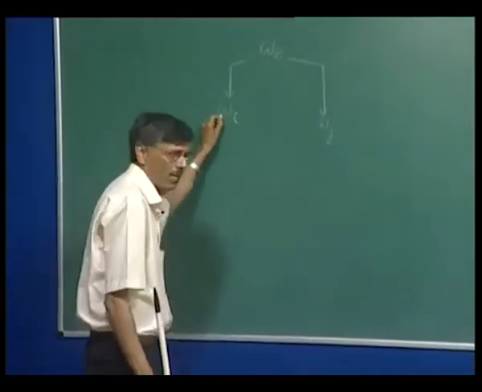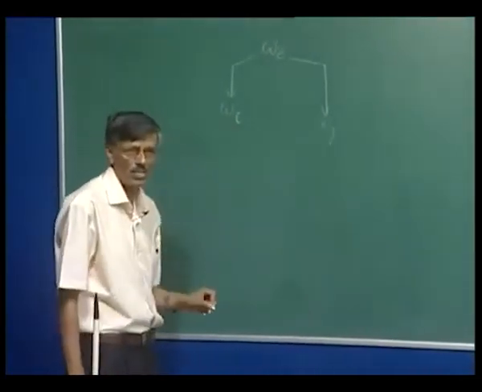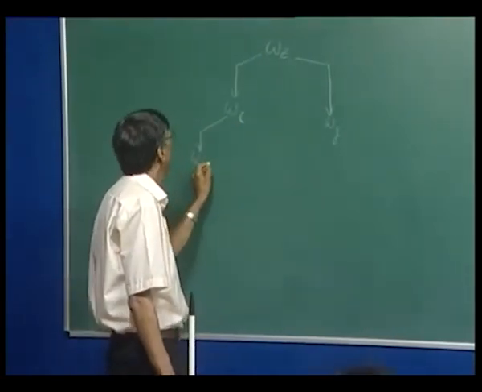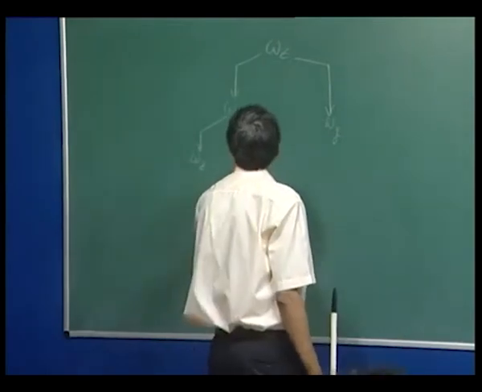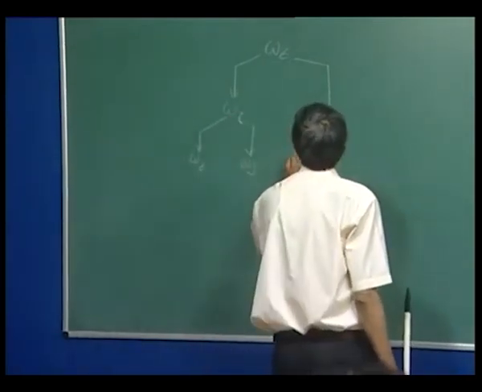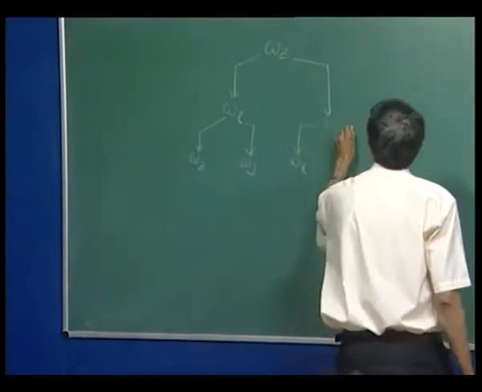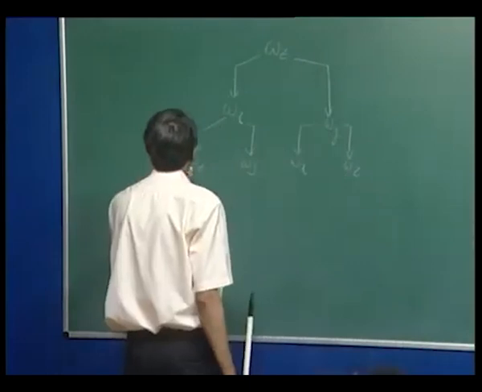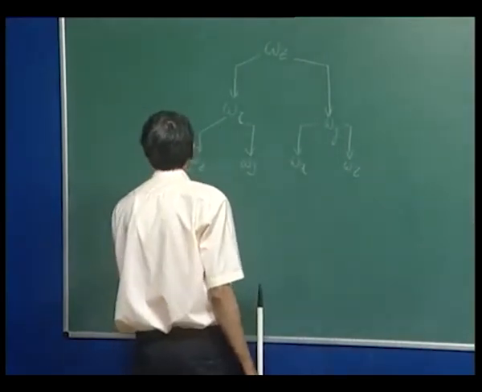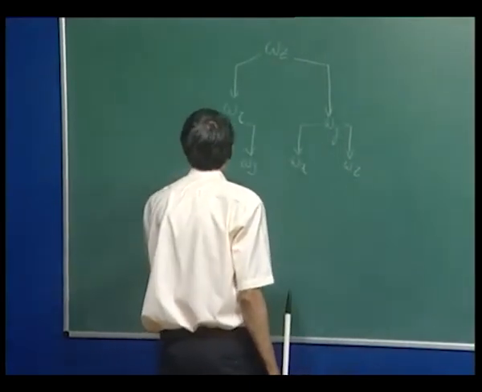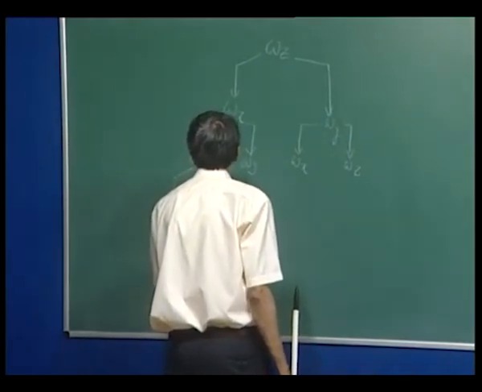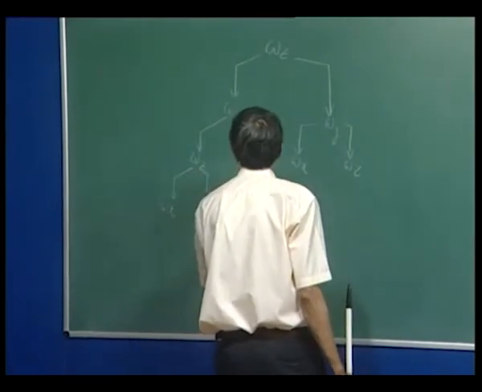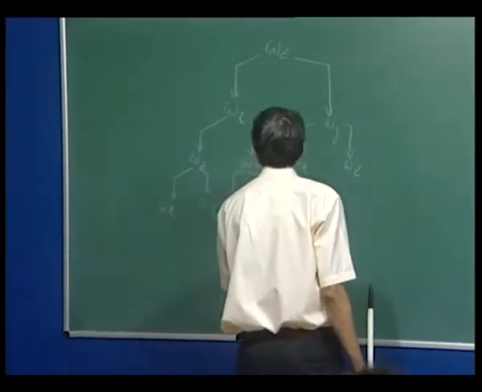If I now have these elements omega x and omega y change, that can further bring change in omega z and omega y, and in the same way this will bring change in omega x and omega z. Then, if we go one generation down, this omega z will affect omega x and omega y, and this will bring change in omega x and omega z.